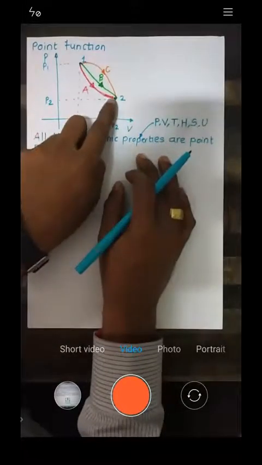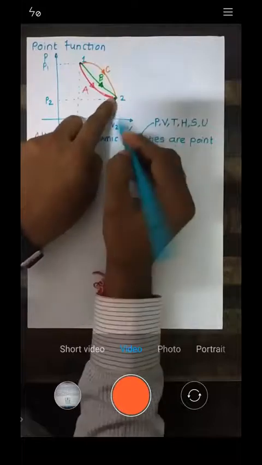Now see, all thermodynamic properties are called point functions, because the value of P2 and V2, the value of pressure at point number 2 or volume at point number 2, doesn't depend upon which path you have followed.